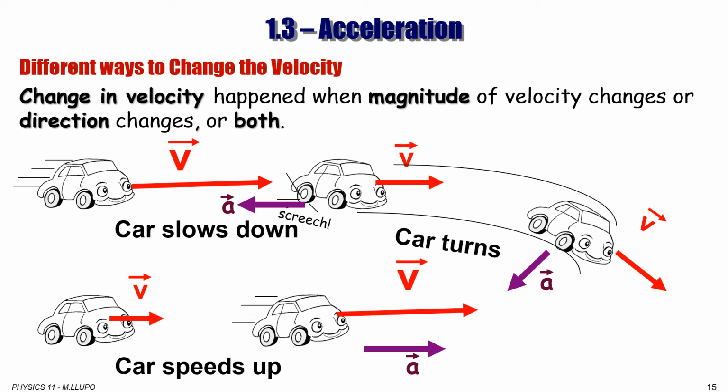That means that acceleration has to be in the same direction as initial velocity. So it is helping the initial velocity to become bigger, faster. It is like when you push the gas, the acceleration is in the same direction as the initial velocity, so it's going to speed up. When you push the brakes, then acceleration is in the opposite direction of the motion. That means that velocity will slow down.